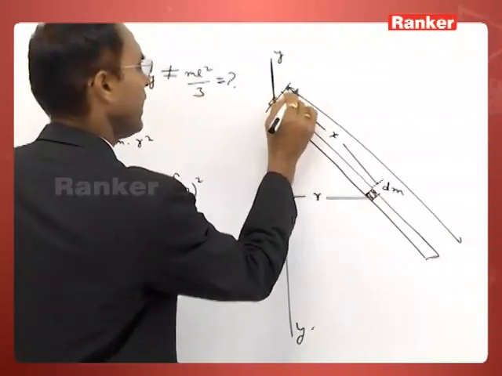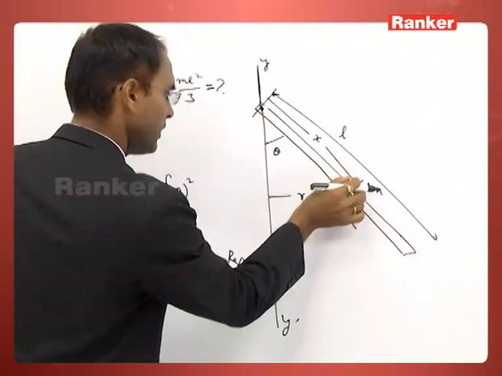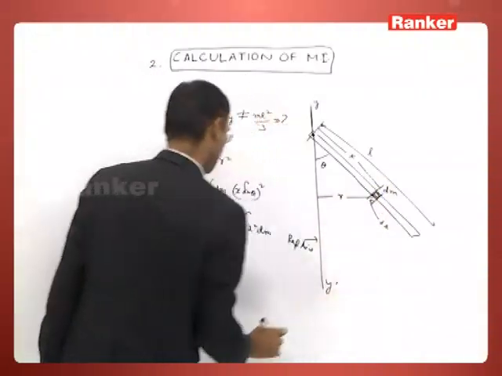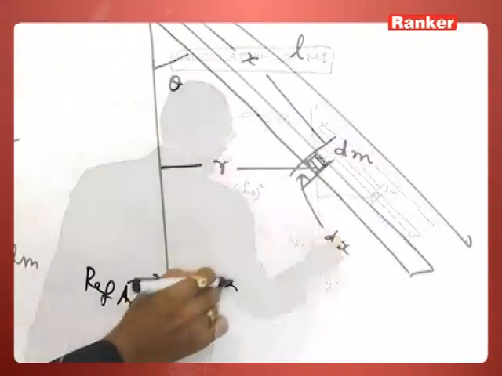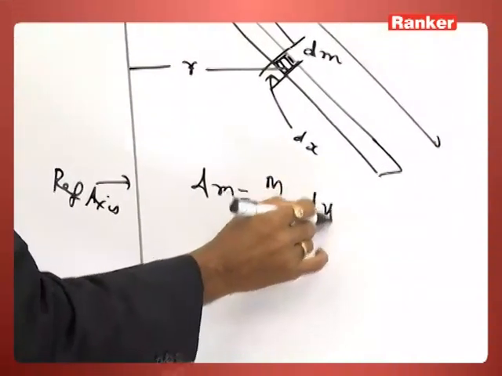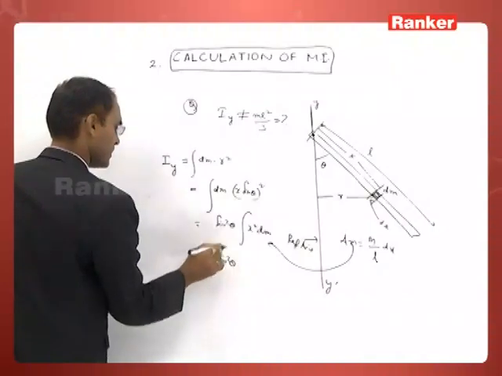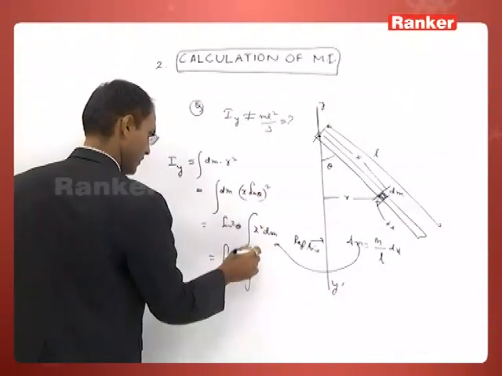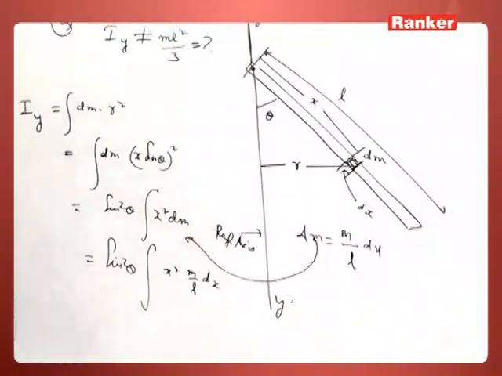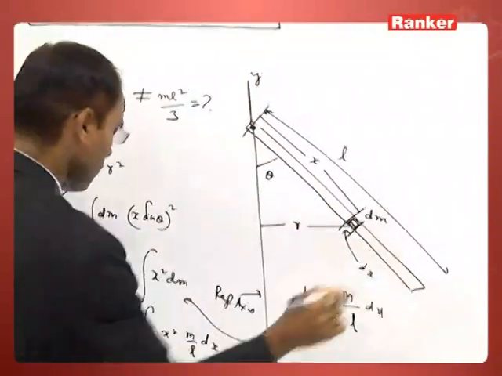This length is L, and the elementary segment has length dx. Putting dm is equal to total mass by total length into dx, we can get sin square theta into the integral x square M by L into dx. x ranges from 0, we are calculating x from here, 0 to the length of the rod.